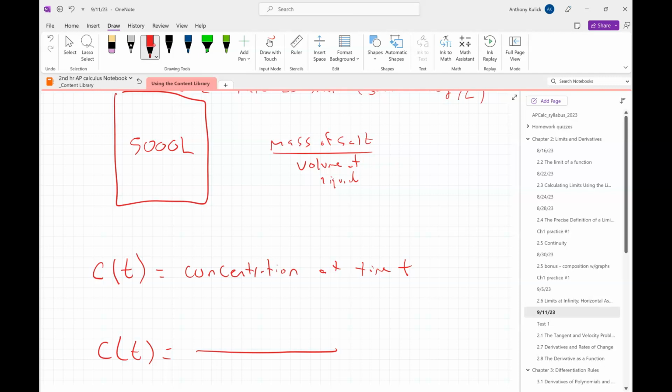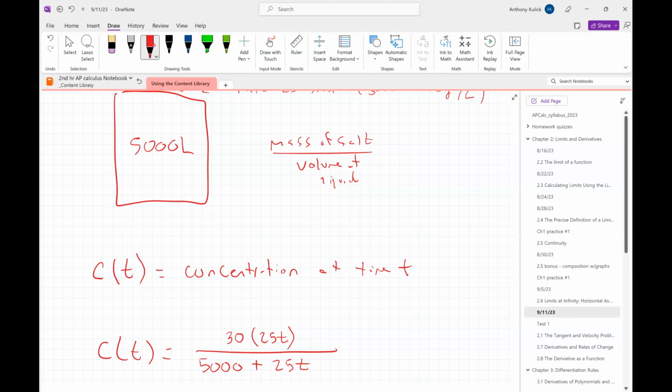At time T, we started out with 5,000 liters, and we've added in 25T liters. So if it had been going for 2 minutes, we would have added 50 liters. If it had gone for 10 minutes, we would have added 250 liters, etc. Everybody's okay with that? Okay, how much salt will we have added? Well, it's 30 per liter, and we've added 25T liters.